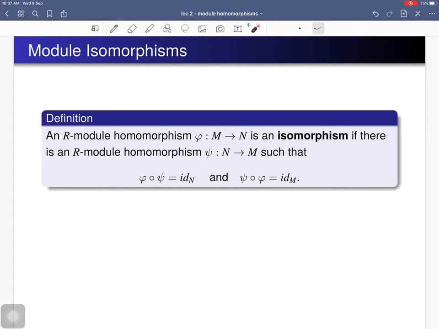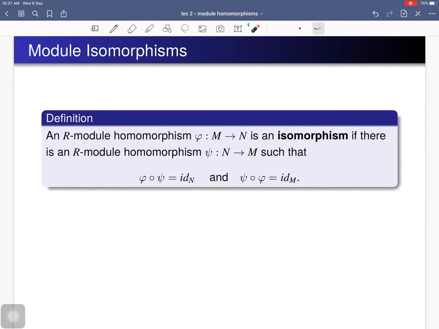For example, in the category of groups, how do you define group isomorphism? It is a group homomorphism such that you have a reverse group homomorphism such that their compositions are identity. In the category of rings, a ring isomorphism is a ring homomorphism such that you have a reverse ring homomorphism such that their compositions are identity maps.